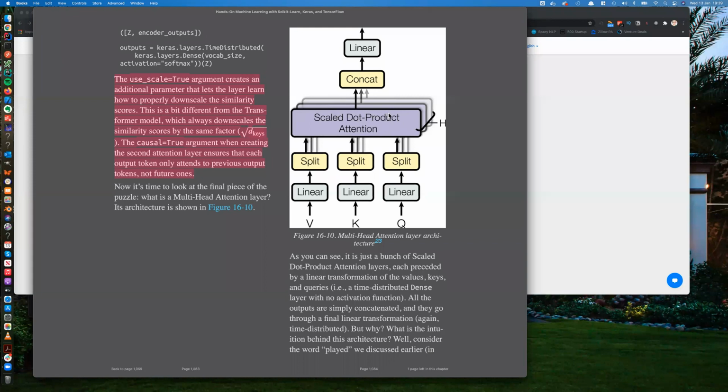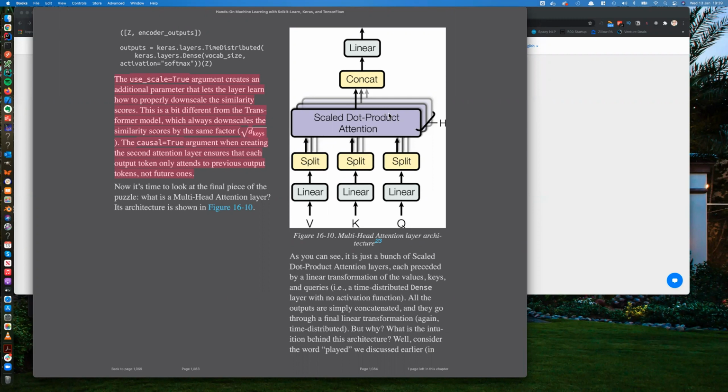So this split thing, how it's usually done: you have, for example, 8 heads, and the dimension of embedding, let's say, is 64.